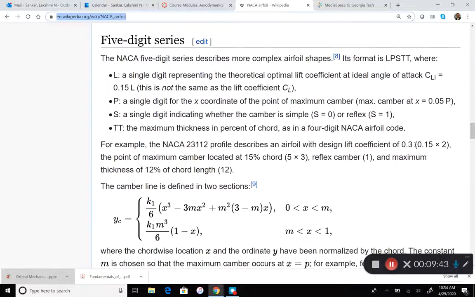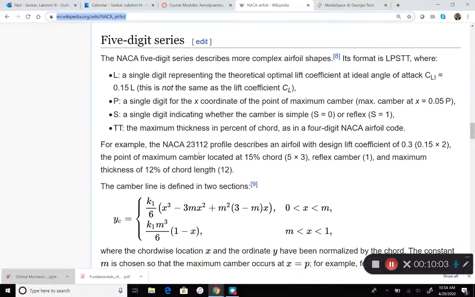So 0.15 times 2 is 0.3. Therefore, this particular airfoil was designed to perform the best, that means the lowest drag, at a lift coefficient of 0.3. We want to keep the lift high. We want to keep the drag low. So this is the optimum lift coefficient.